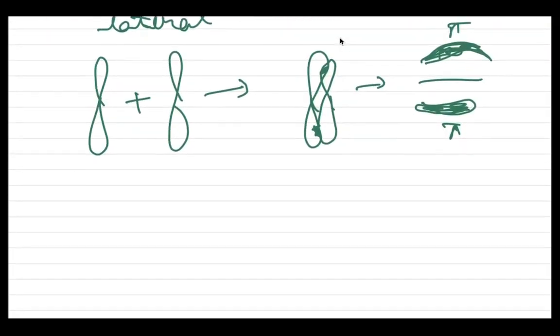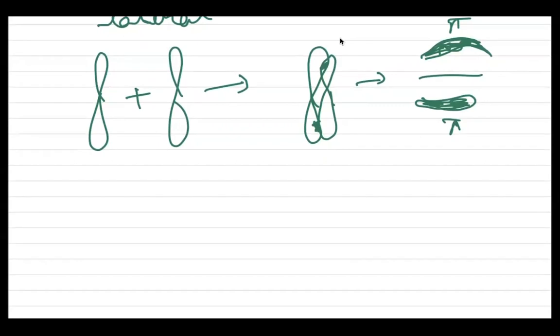Now the next question is which bond is strongest, sigma or pi? The strength of the covalent bond depends on the extent of overlapping. Previously I told you that if the overlapping is more, the covalent bond is stronger.